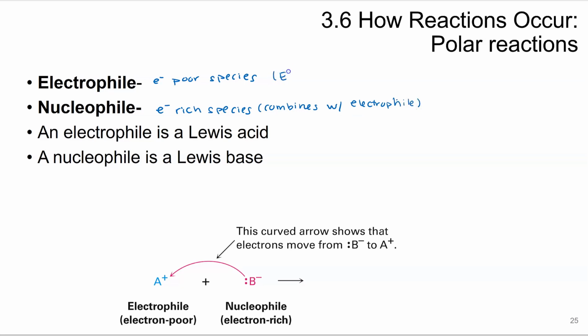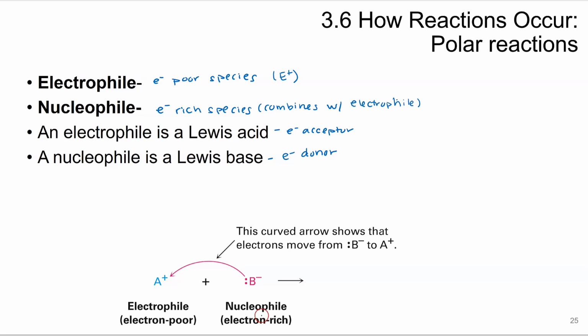An electrophile will sometimes be abbreviated as capital E+. Electrophiles are usually Lewis acids. Nucleophiles are Lewis bases. So the electrophile is the acid. This is the electron acceptor. The nucleophile is a Lewis base, which is the electron donor.